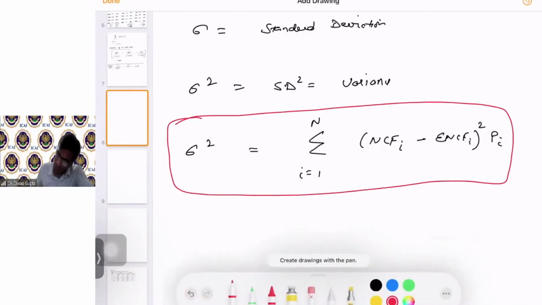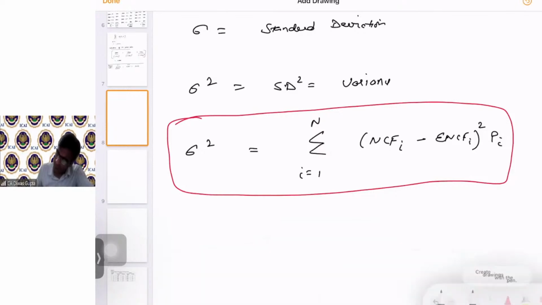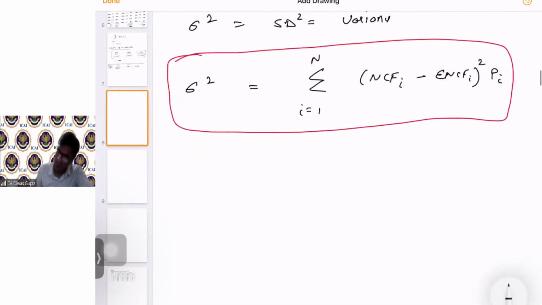This is the formula, okay? Now, what is this net cash flow? These are possible outcomes or different scenarios, correct?